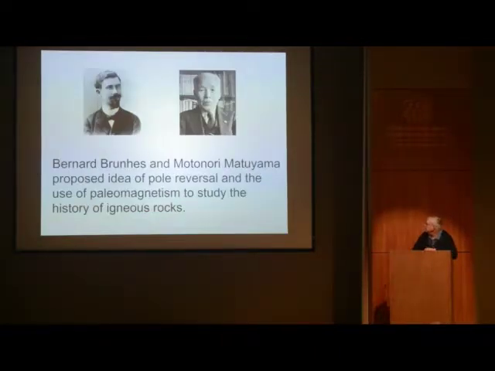These two guys, Bernard Brunhes and Motonori Matuyama, all the way back at the beginning of the 20th century, proposed the idea of pole reversal, and eventually they got around to proving it.